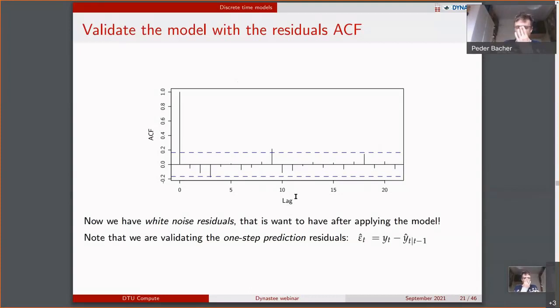And if the residuals are white noise, then at least if things are linear and time invariant, we have the best model we can come up with, given that it's not too complicated a model, which would still produce white noise but would not be optimal once we use it for prediction.